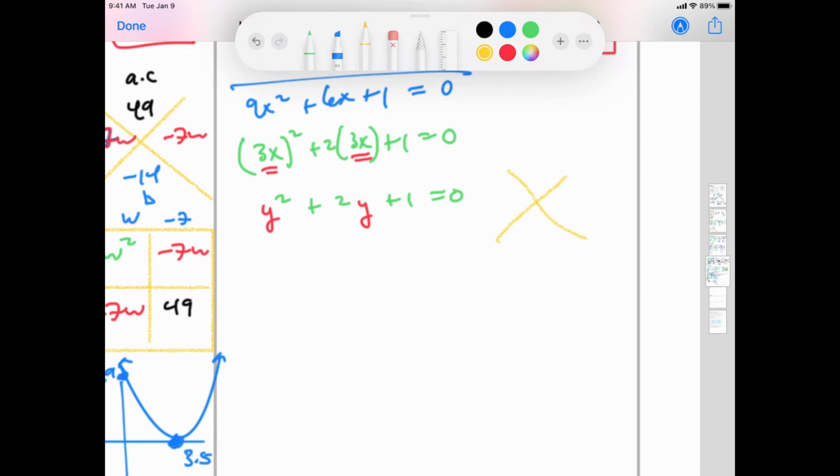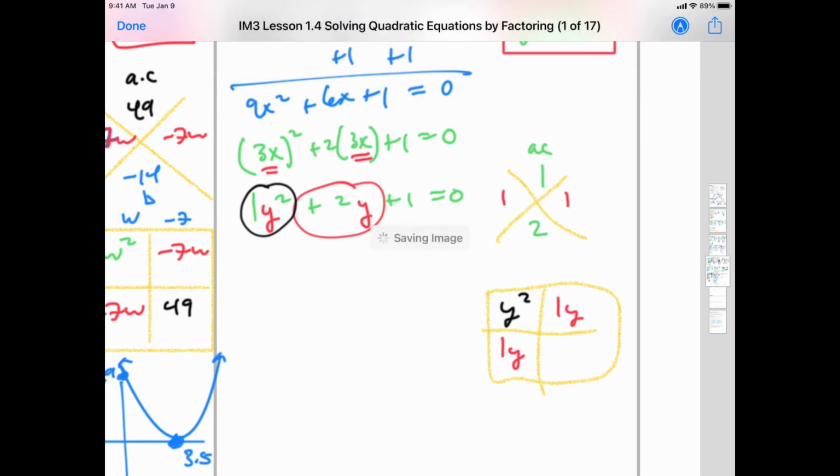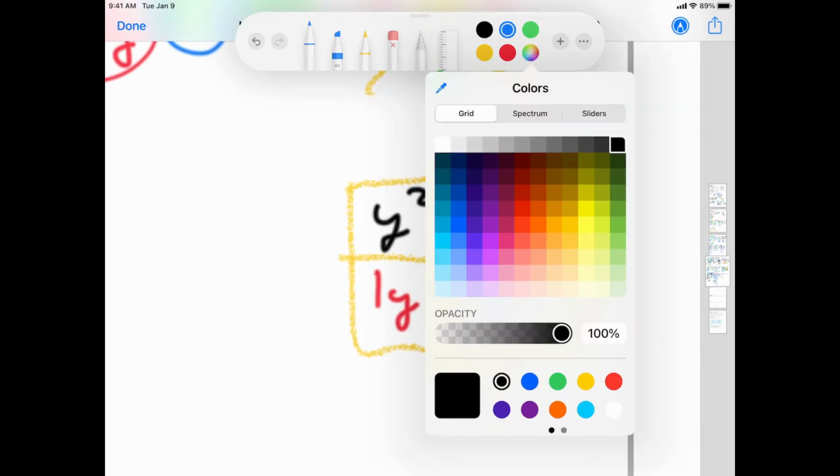Okay, so that would give us this. A times C, my value is 1. B value is 2. 1 and 1. We're splitting this term here, and that one goes here, and then you take the greatest common factor.